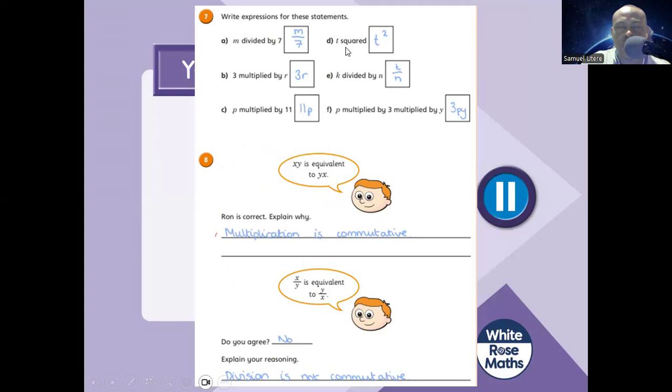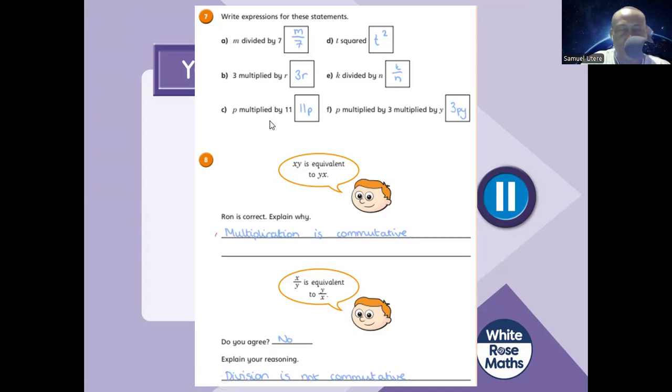Okay, we can call this t squared or t to the power 2. So that's how we read it. 3 multiplied by r is 3, and then you write r next to it. k divided by m is k, then you put a line, and then you write m underneath.